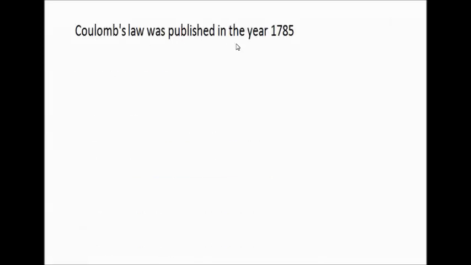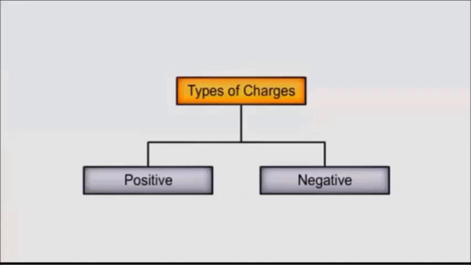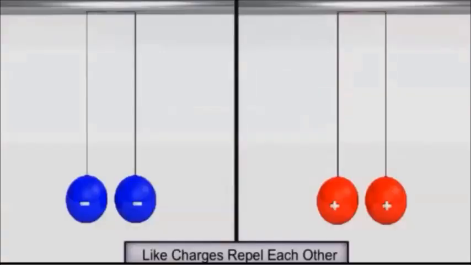Now, Coulomb's law was published in the year 1785. Before 1785, after conducting so many experiments on charged bodies, people knew some facts about electric charges. People knew that there are two types of electric charge in nature, and conventionally they are known as positive charge and negative charge.